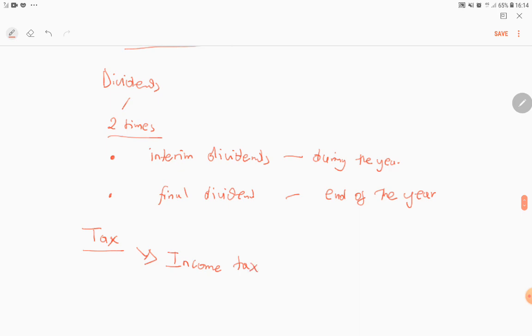So in our financial statements, in the income statement, we'll be seeing income tax expense, because as an individual, if you are earning a salary, you pay tax, right? Income tax. So companies also pay tax after they've made profit. The tax is charged from the profit amount that the company has created.